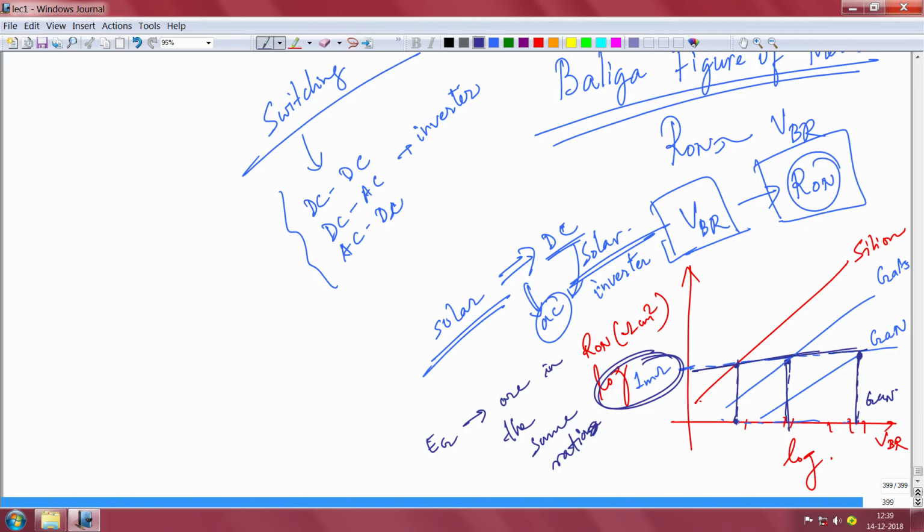So, you are comparing the different device technologies across the same on resistance, but that gives you different types of breakdown voltages. Okay. So, this is an important aspect to highlight the superiority of wide band gap material in terms of getting higher breakdown voltage for the same sort of on resistance. Okay. Of course, people have done many plots and research along this line. So, this is your R on for example, this is your V breakdown for example.